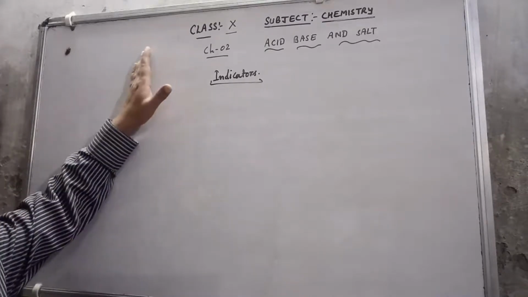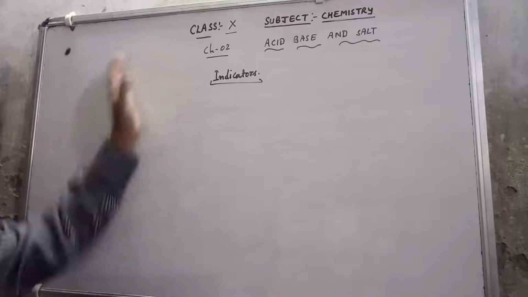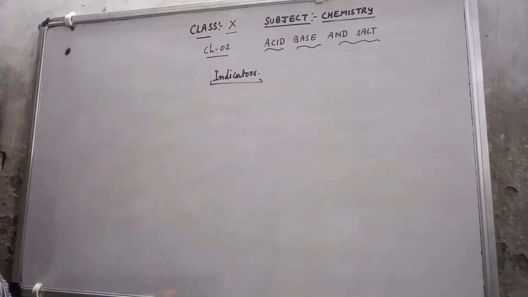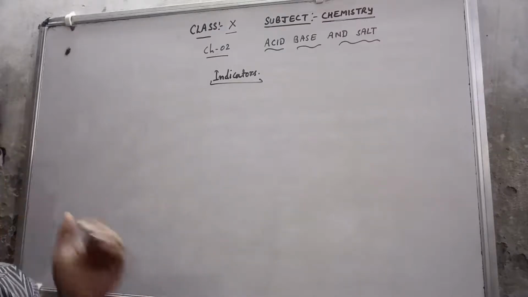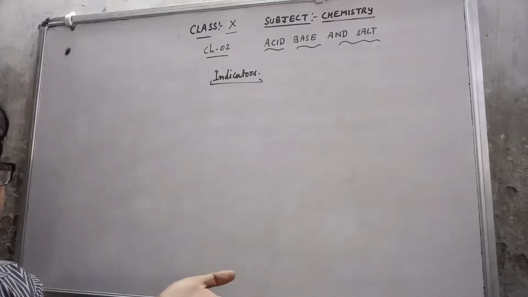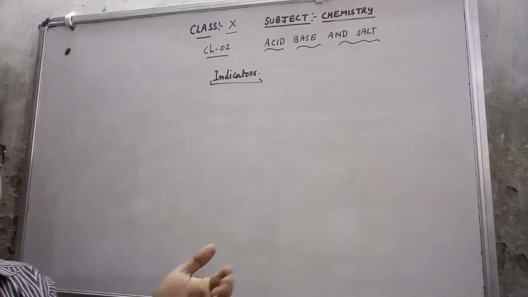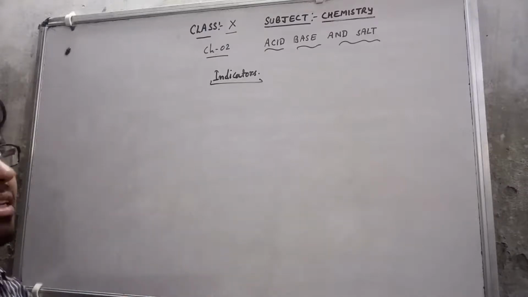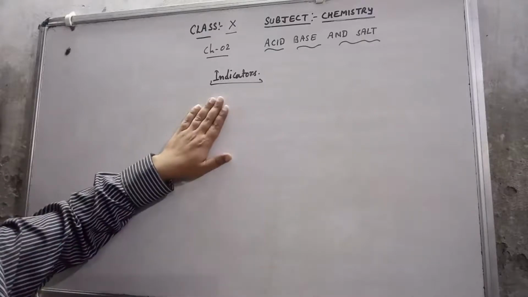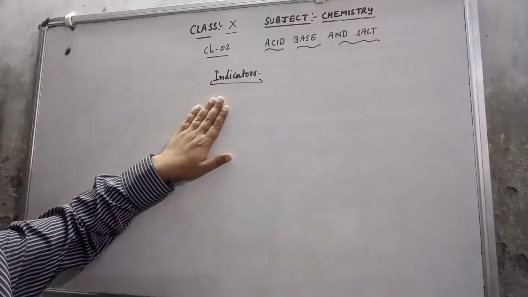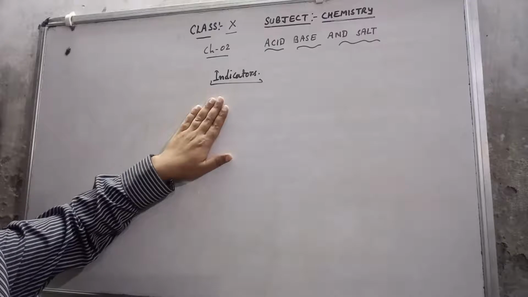They indicate that our destination is so many kilometers left, and we are moving in that direction. So they tell us about our journey, by which path we have to move to reach our destination. Same in the case of indicators: the substances which tell us about acidic and basic substances by change in color.